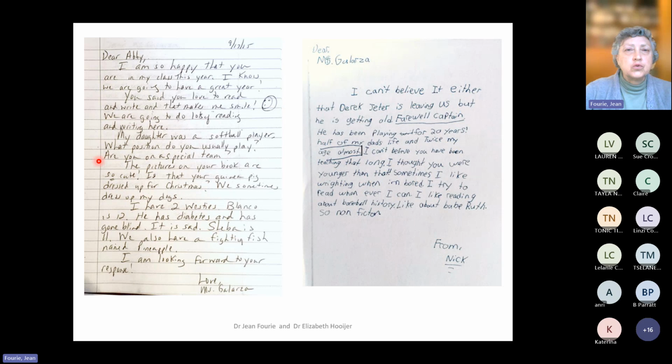And we know that that works best when you're trying to establish relationships and do any reading and writing things, that you write best about what you know. And she talks about her dogs, and she has a fish named Pineapple, and so on. And she says, "I am looking forward to your response," and it's from the teacher.